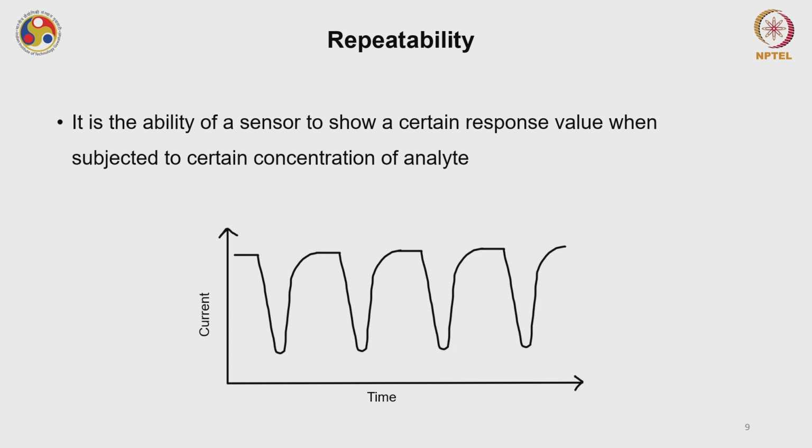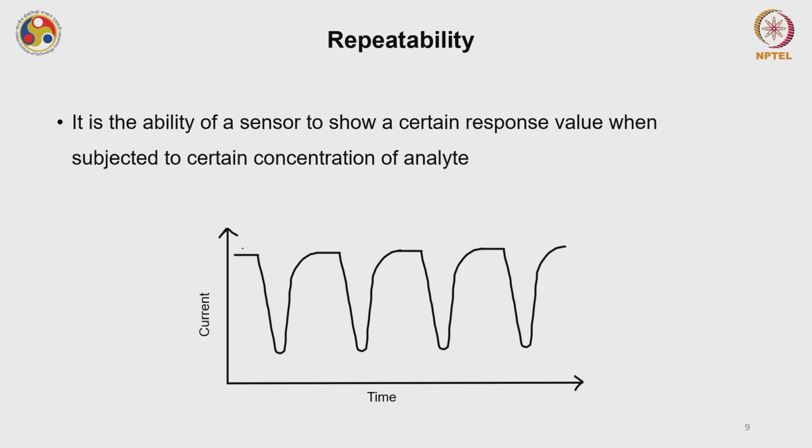Another important static characteristic of a sensor is repeatability. It is the ability of a sensor to show a certain response value when subjected to a certain concentration of analyte. This is how we define the repeatability of a sensor.